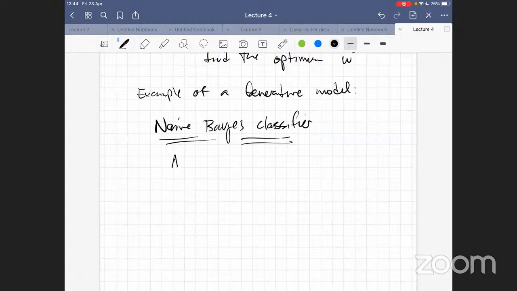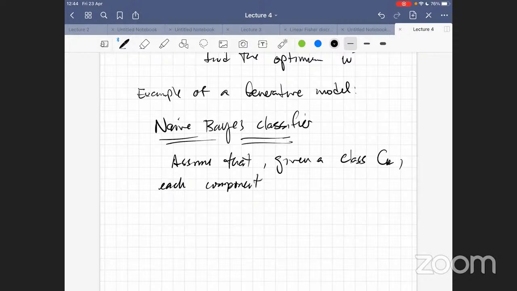The idea is to assume that, given a class, each component or each feature, if you want, so let's say I have D features, right? Each of these D features, they are independent. They are independent from each other.